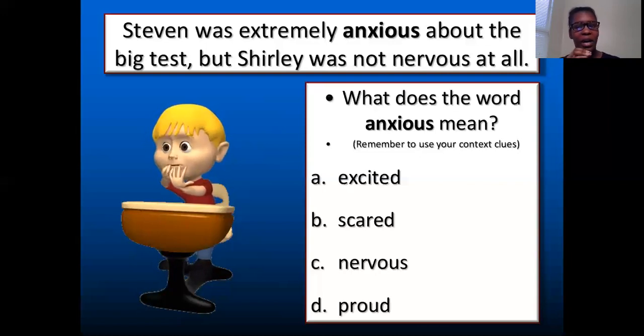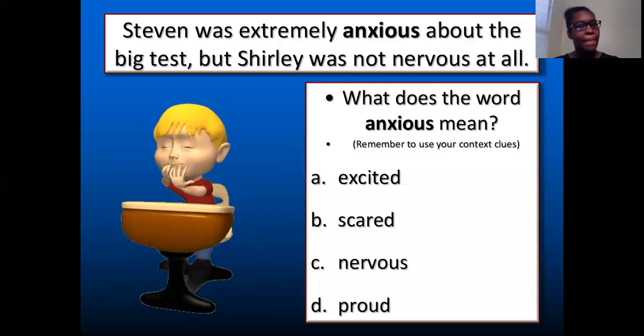Whenever you see the word but, that shows a contrast of how things are different. So it looks as if they're giving us an antonym for the word anxious. So if Shirley is not nervous, but Stephen is anxious, I can already kind of figure out what I think this word means, and I think you can too. But let's look at our answer choices.